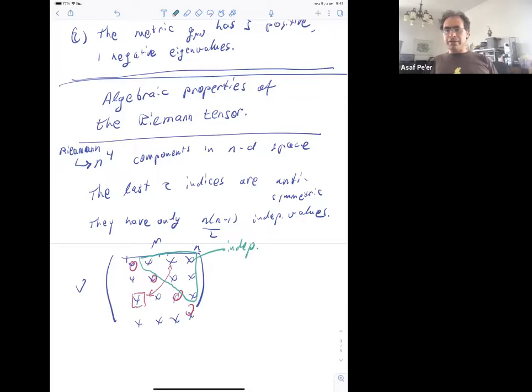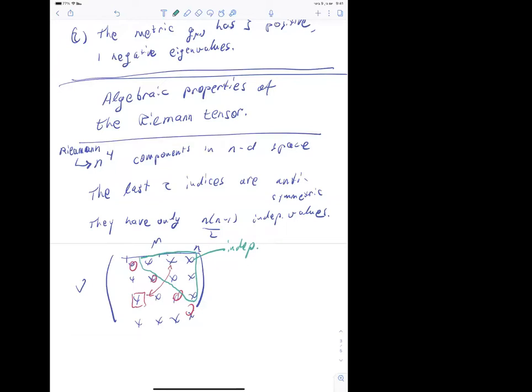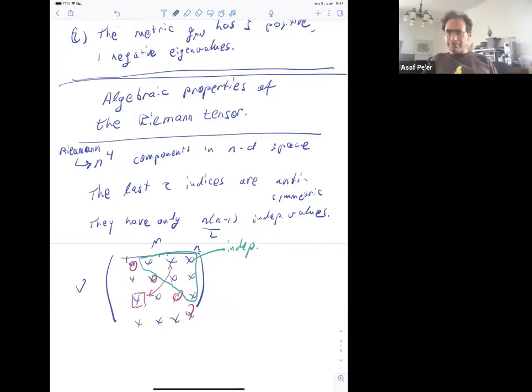And then, in n dimensions, the number of independent components of the last two indices is just n times n minus 1 over 2. Yeah? You've seen that sometimes in the past.